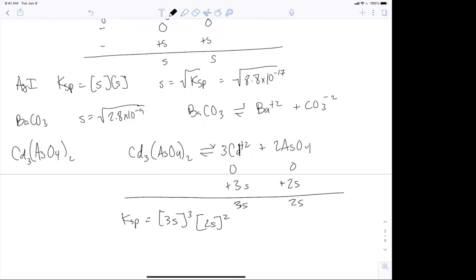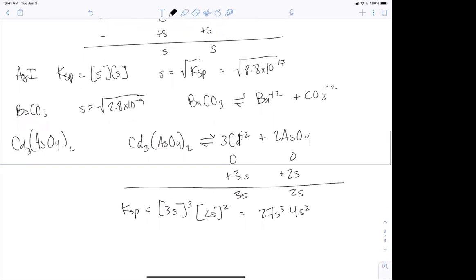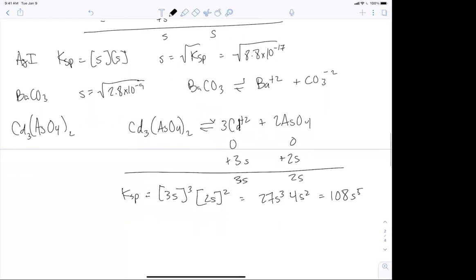Now we just have to solve this. 3 cubed is 27, so 27 S cubed times 4S squared. 27 times 4 is 108.